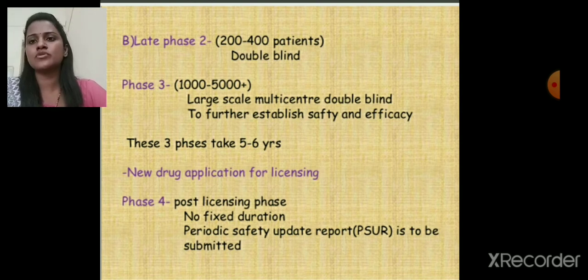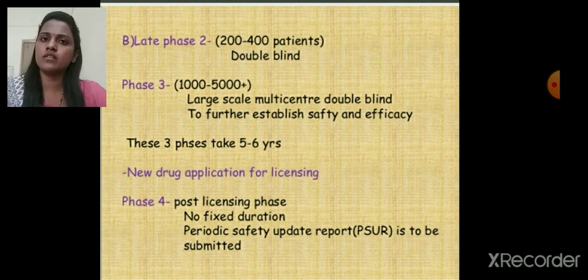Phase 4 study is also called the post licensing phase, and here the study is done in a huge population, and adverse drug events or any other effects of the drug are checked and submitted with the help of the periodic safety update report.